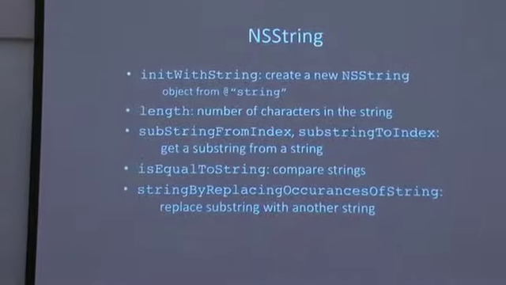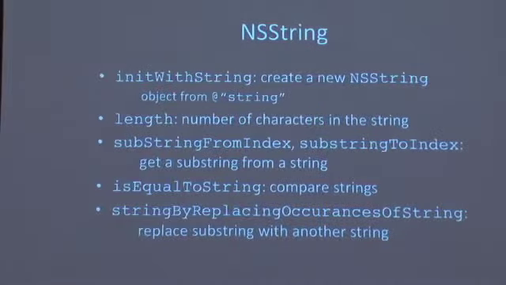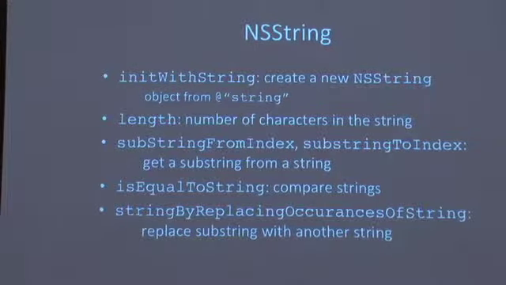You can get the length back by passing a message of the NSString object, message length in brackets, and that'll return a number for the length of the object. You can do substrings with substring from index and substring to index. You can compare 2 strings with is equal to string.